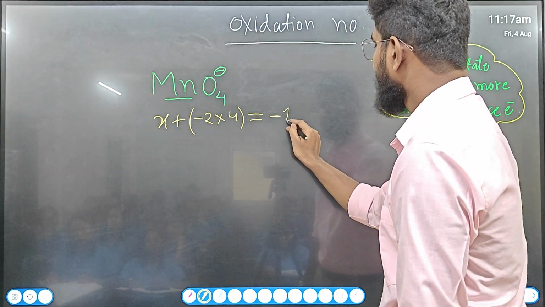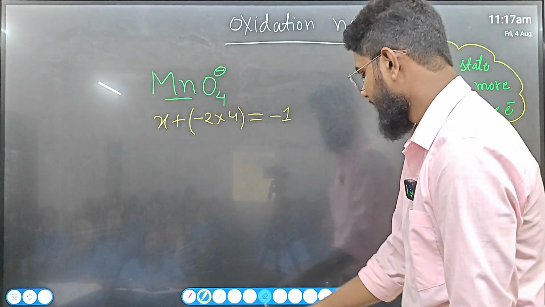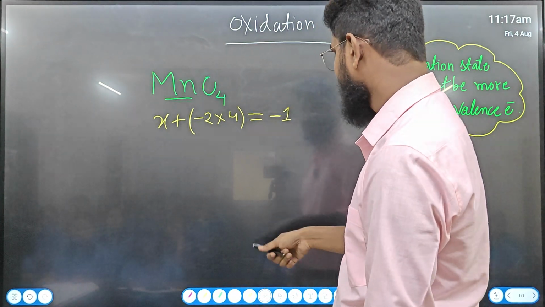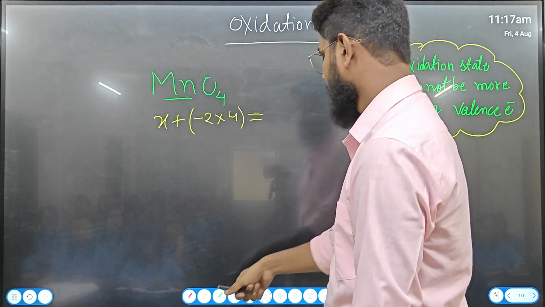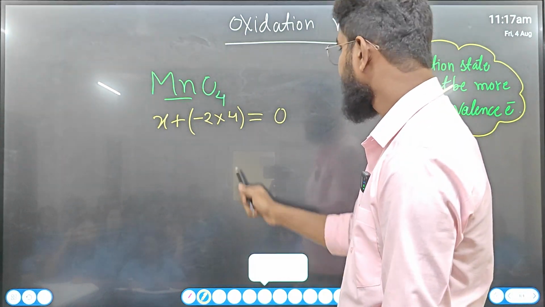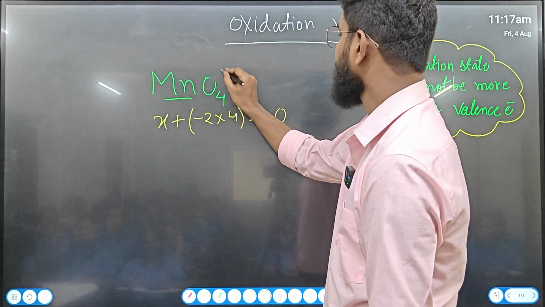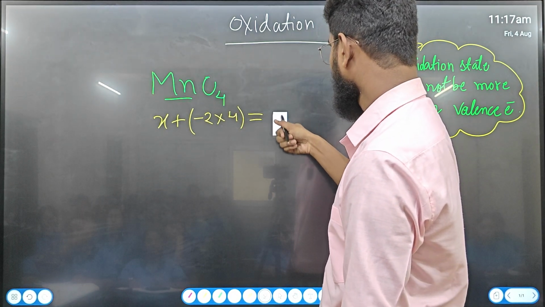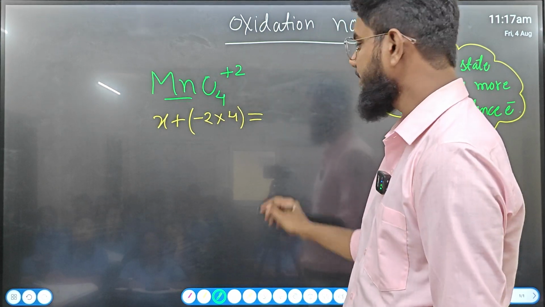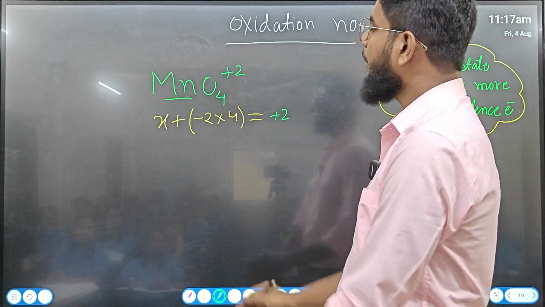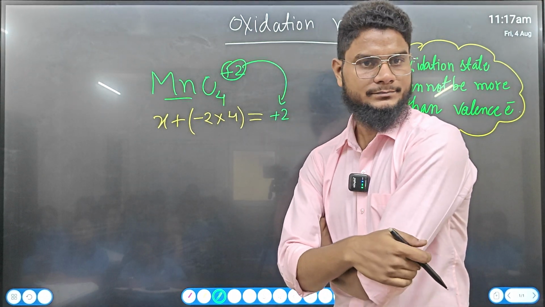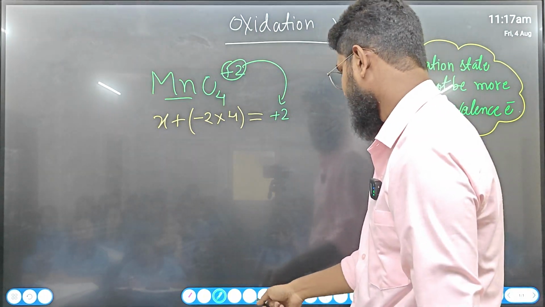So write -1 here. If there is no charge, then write 0. If the charge is +2, then write 2. Whatever the charge is, write it after the equal sign.